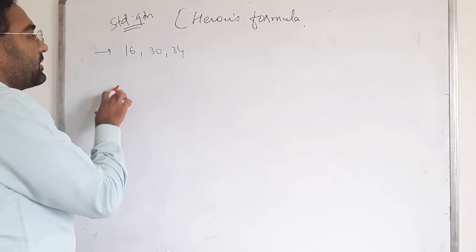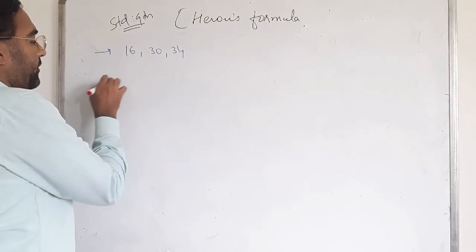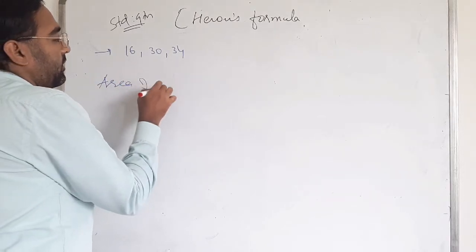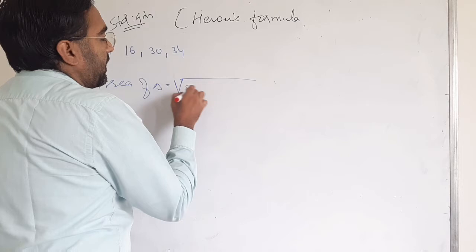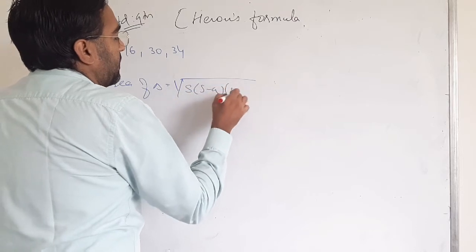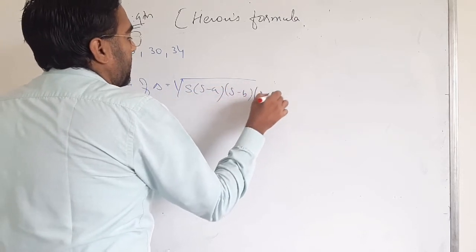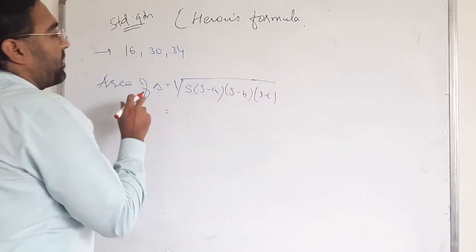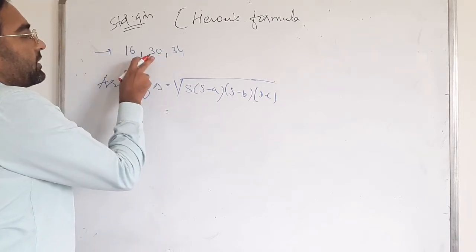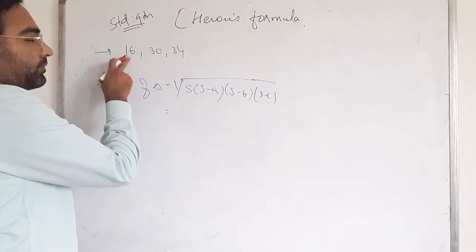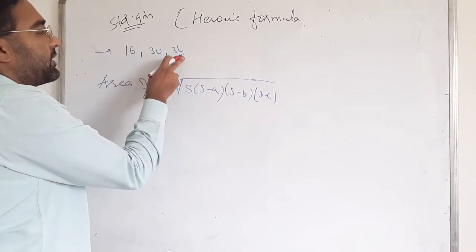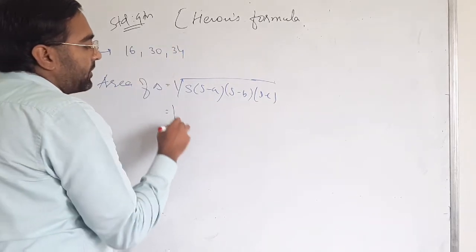So what is the semi perimeter? First of all, area of triangle is equal to square root of s into s minus a, s minus b and s minus c. My semi perimeter is 30 plus 30 is 60, plus 10 is 70, plus 10 is 80, 80 by 2 is 40.